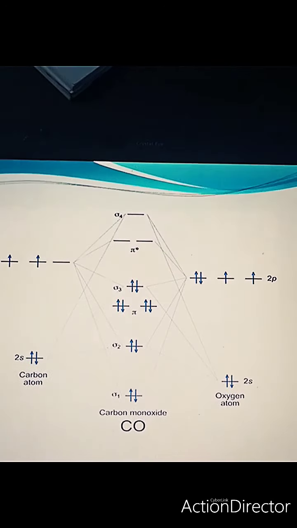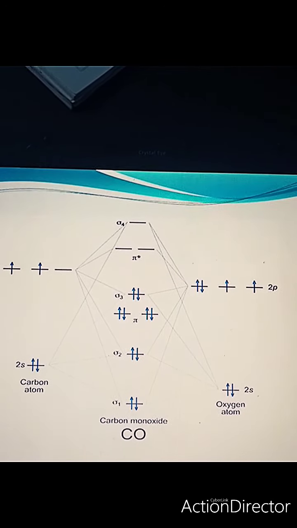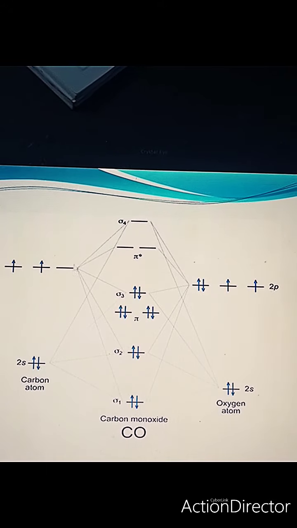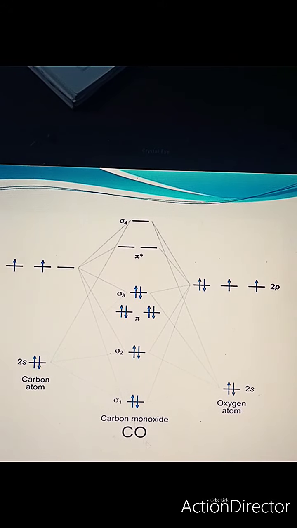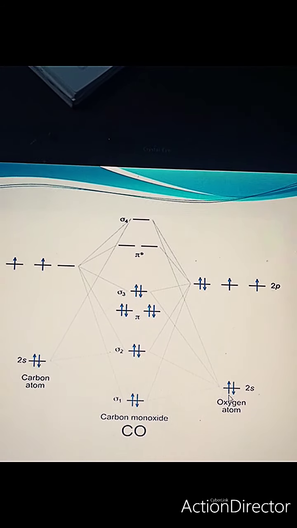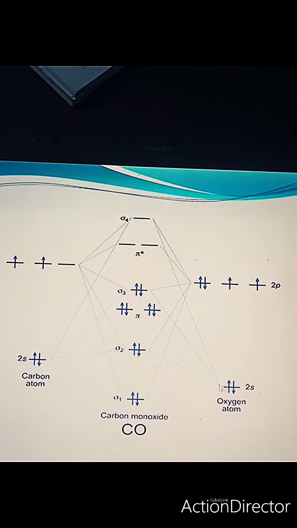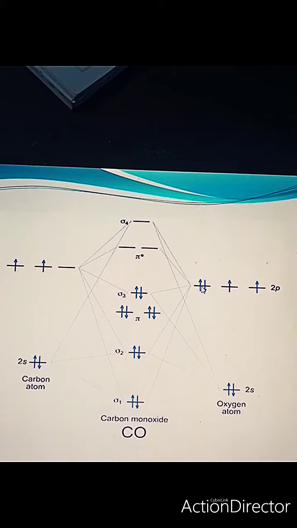So till now we were doing the homonuclear molecules. Now let us start with the heteronuclear, that is carbon monoxide. These are the atomic orbitals of carbon, and these are the atomic orbitals of oxygen. Now oxygen being more electronegative, you will be drawing the energy level a little bit at lower energy as compared to carbon.